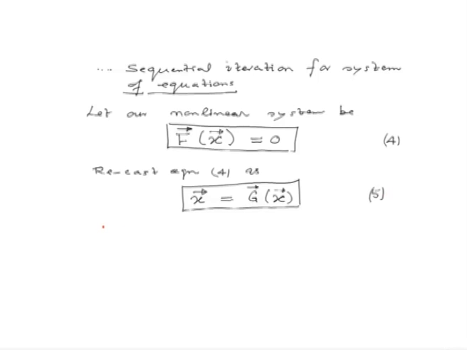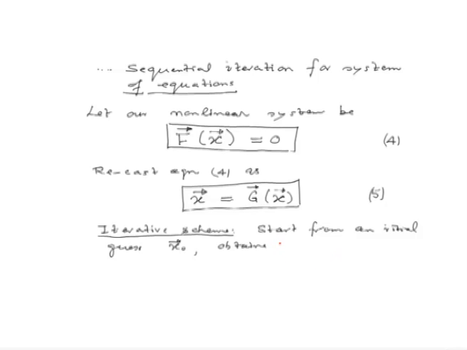Our iterative algorithm: start from an initial guess x0, obtain what we call improved approximations by x k plus 1 equals g of x k, for k equal to 1, 2, 3 and so on.